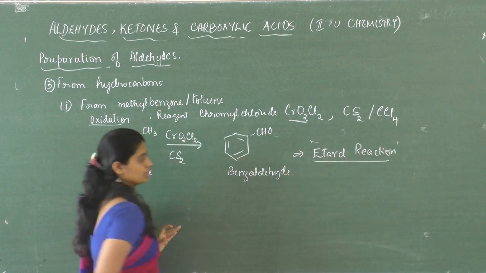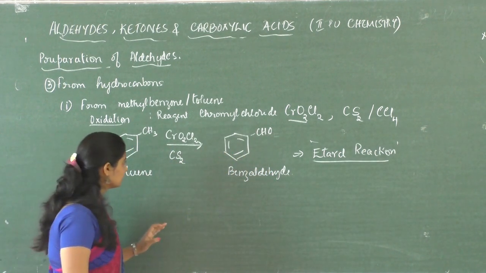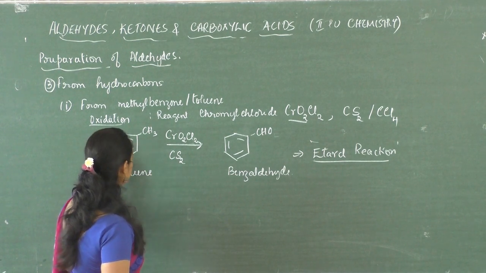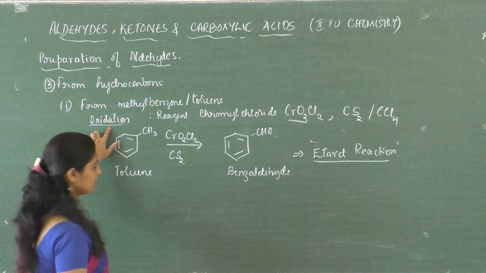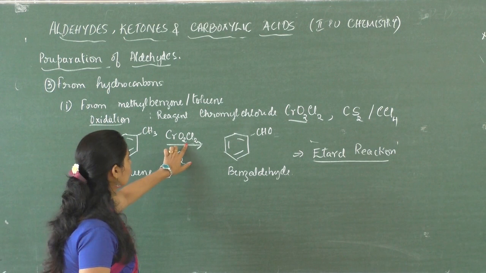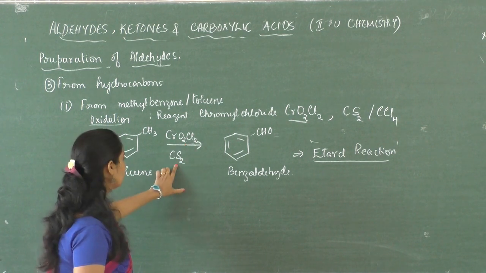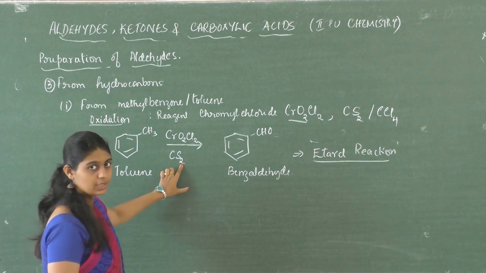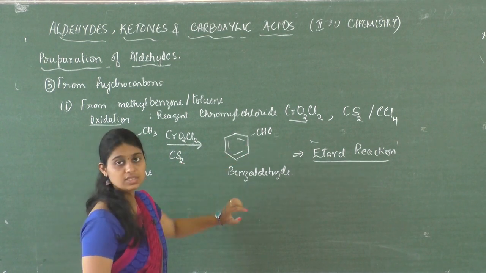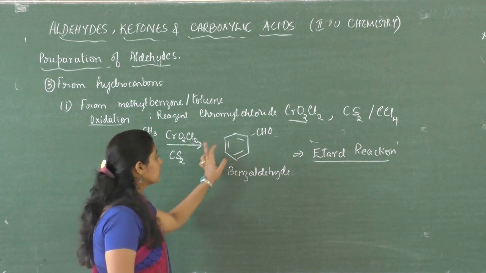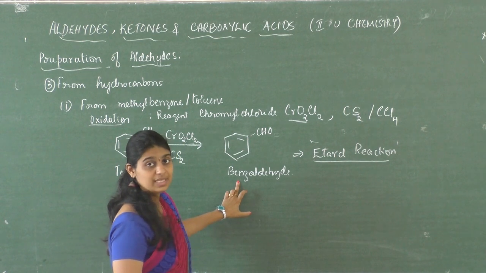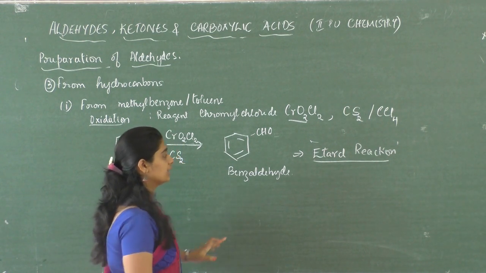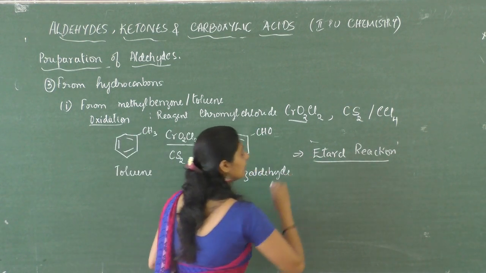So when toluene is subjected to oxidation in the presence of chromyl chloride by using a non-polar solvent, that is carbon disulfide, or else you can use carbon tetrachloride also, oxidation occurs so as to give benzaldehyde as a product, and the name of this reaction is Etard reaction.